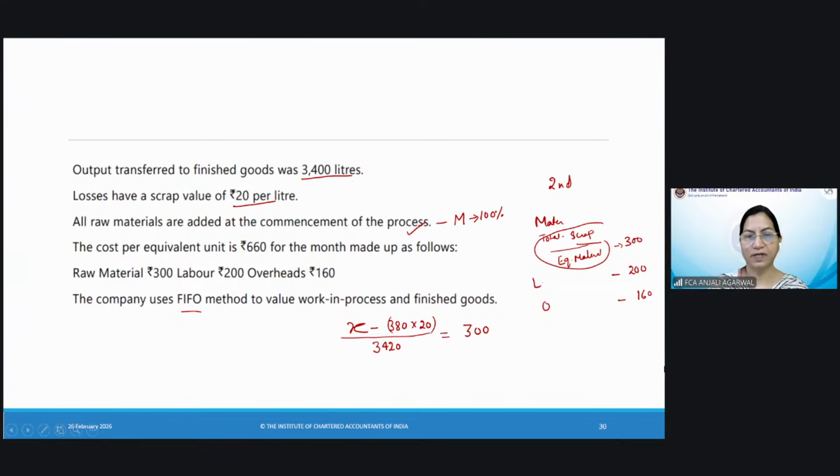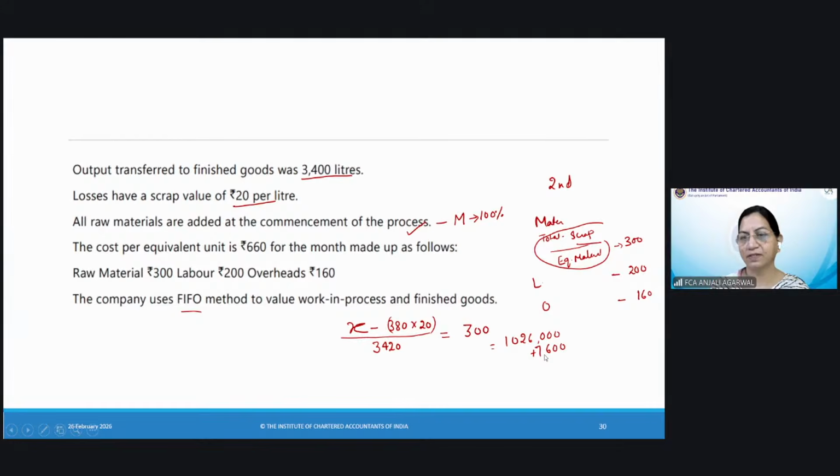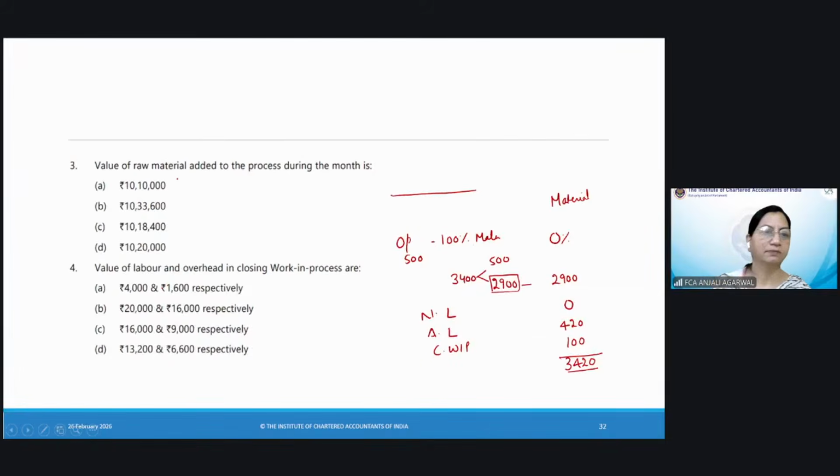So when you solve 300 into 3,420, this comes out to be 10,26,000. But this is after deducting normal loss scrap, 380 into 20, which is 7,600. So how much is the material added? 10 lakh 26,000 plus 7,600 becomes 10 lakh 33,600.